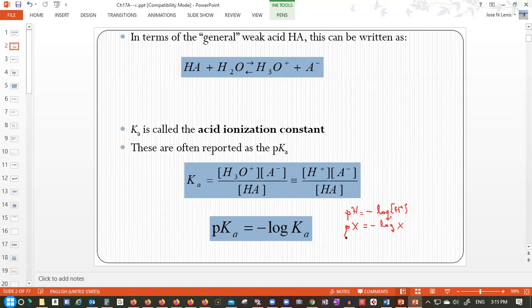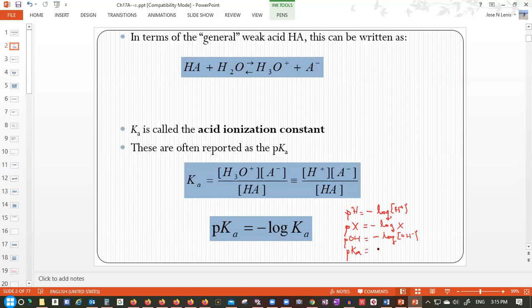That's why we were able to use pOH. So pOH will be negative log of concentration of OH minus. And it's going to be very useful to find the pKa for the weak acids.